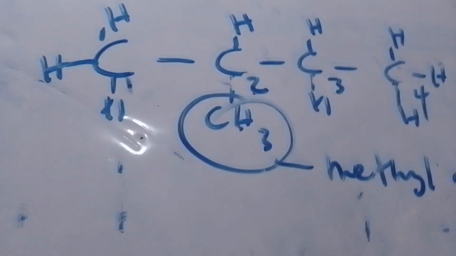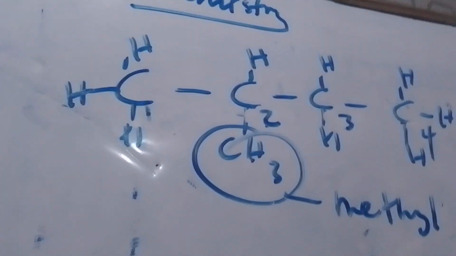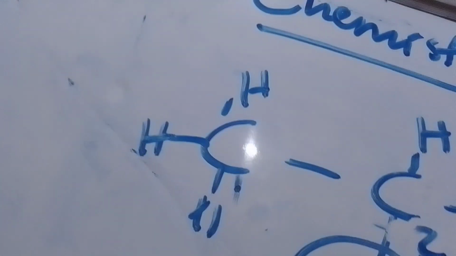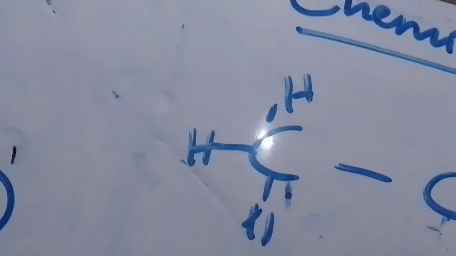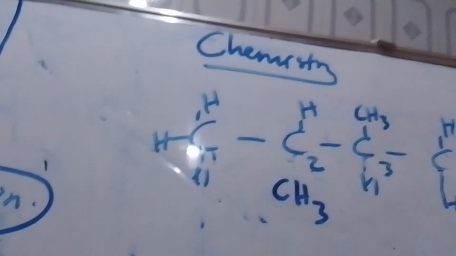Methyl group. Now you indicate the substituents if they are present in more than one place. For example, take this compound: we have a CH3 attached here, and I also have a CH3 attached there too.